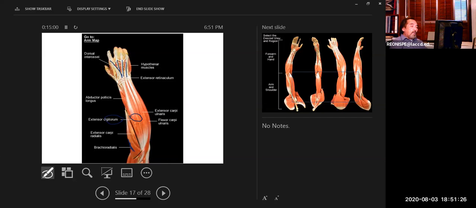So this is going to be my extensor carpi radialis. It's usually made of two, the extensor carpi radialis longus and brevis, but they actually just put it as one. This is my digitorum because I see the tendons. And this is going to be my extensor carpi ulnaris because I'm at the pinky side.